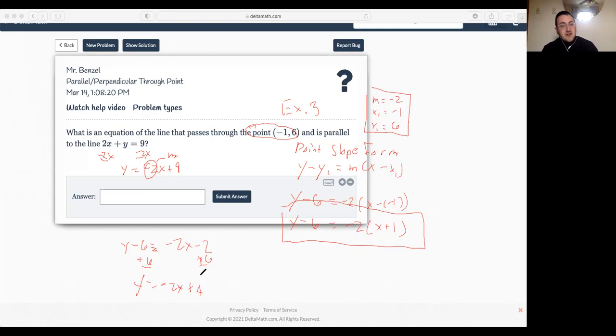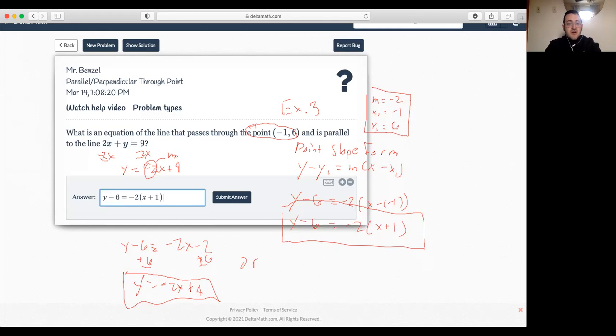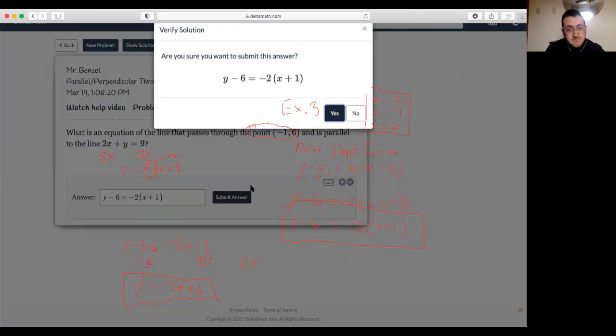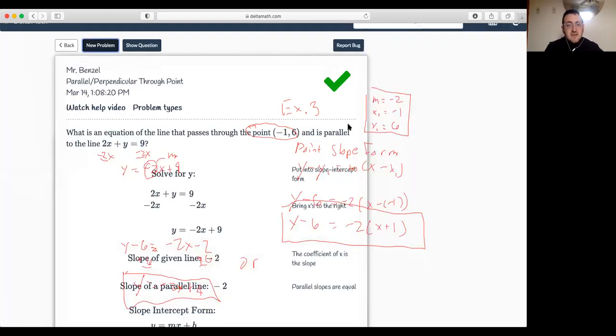And that is the exact same equation of the line. So Delta Math will accept either one. I'm just going to put it in point slope form, and I'll show you what will happen. And then we got negative 2 times x plus 1. And it does accept.